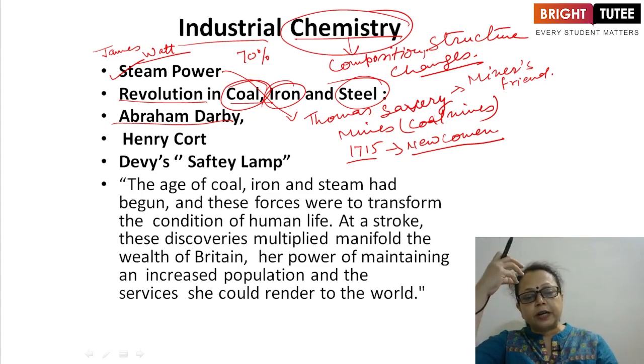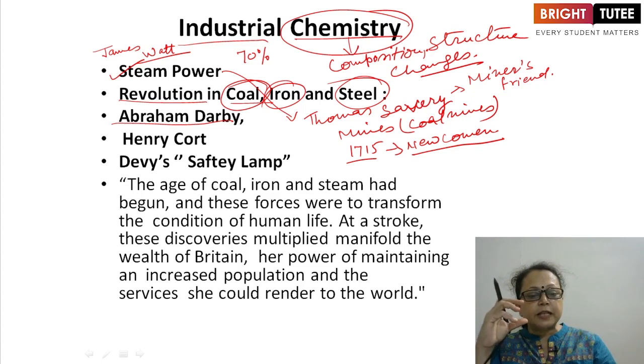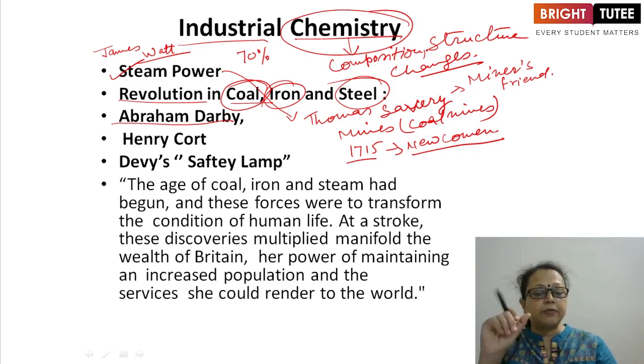It is a lamp overhead which gives them light to move inside the deep of the mines, inside the cave. This way the improvement in the method of casting hard steel was also developed. The age of coal, iron and steam had begun, and these forces transformed the condition of human life.